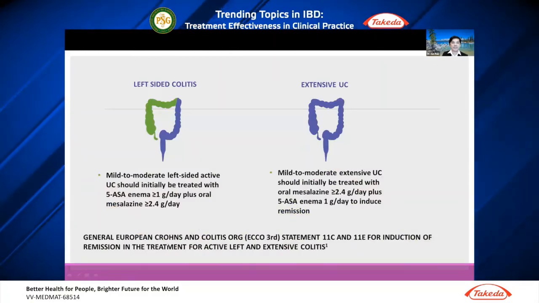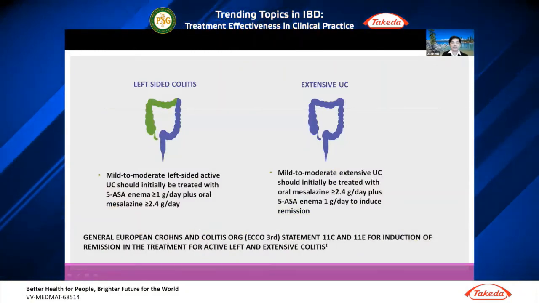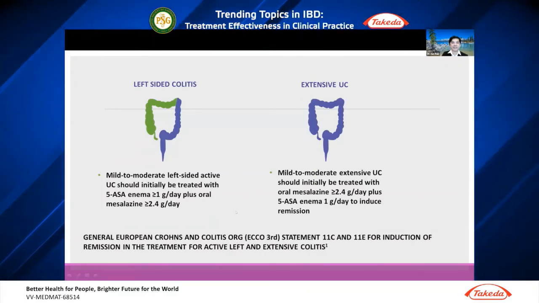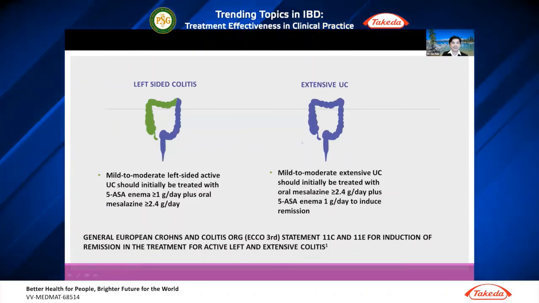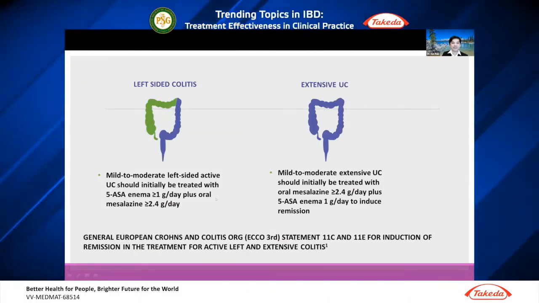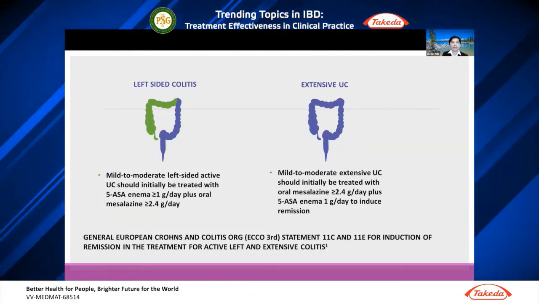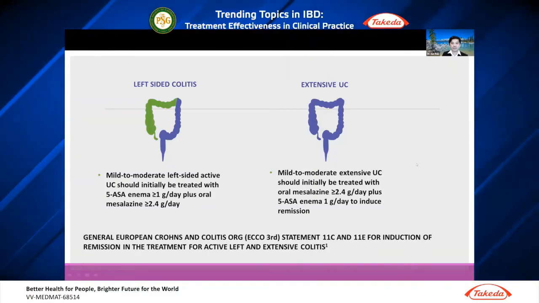Okay, so even ECCO, the European Crohn's and Colitis Organization, actually included this in their recommendations that if you have left-sided colitis and extensive UC, they should be treated with 5-ASA enemas plus oral mesalazine for induction of remission. Okay.